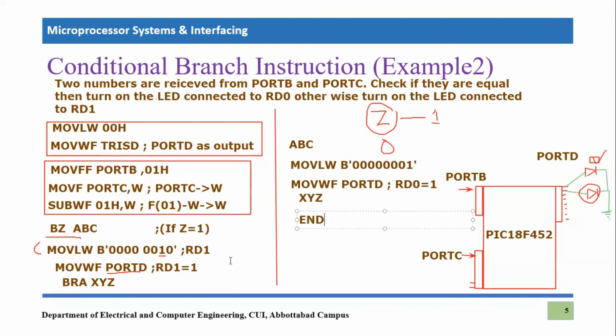So hopefully you have understood. We have two different logics over here. In one case, we will turn on the LED connected with RD0. In the other case, we will turn on the LED connected with RD1. And we have taken two specimen examples of a conditional branch.